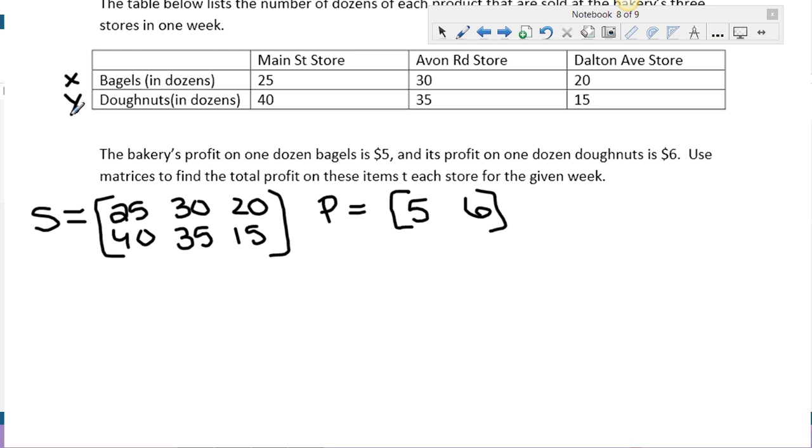So in order to determine this, we need to take our profits and our sales and multiply them. If we sell 25 dozen, how much money is that? Well, 25 dozen times the $5 profit.